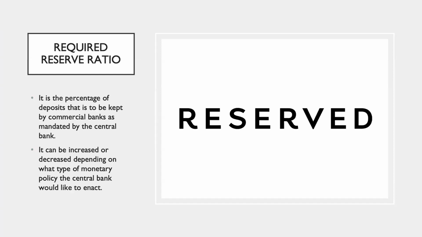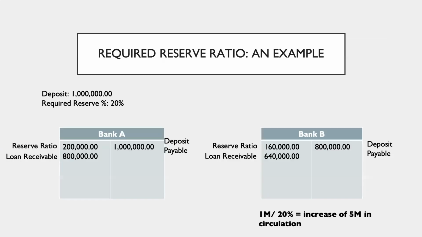It can be decreased or increased depending on what type of monetary policy the central bank would like to enact. So here is an example of how the required reserve ratio actually works.